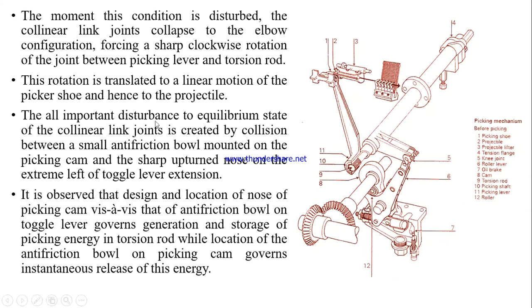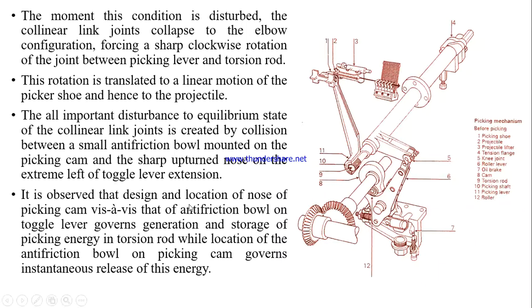The all-important disturbance to the equilibrium state of the collinear link joints is created by collision between the small anti-friction bowl mounted on the picking arm and the sharp upturned nose at the extreme left of the toggle lever extension. Already I have discussed all these points.